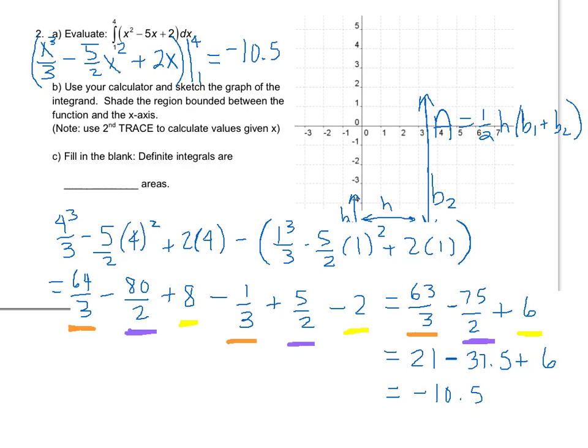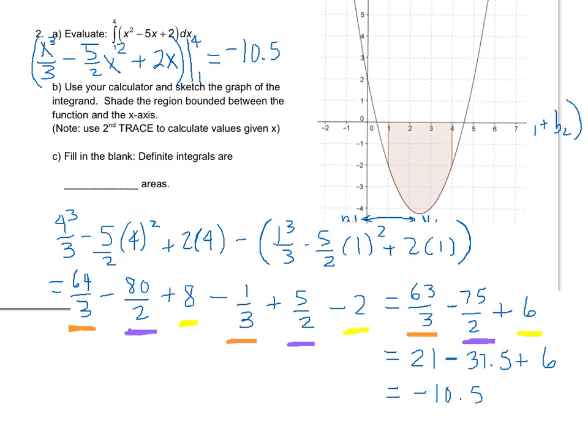For part B of this problem, it says, use your calculator and sketch the graph of the integrand. Shade the region, and then you can use your calculator for this to get exact values of x. You can also just plug it in. I'm going to go ahead and show the graph in 1 second. Okay, so this time notice that the shaded region between the function and the x-axis is below the axis.